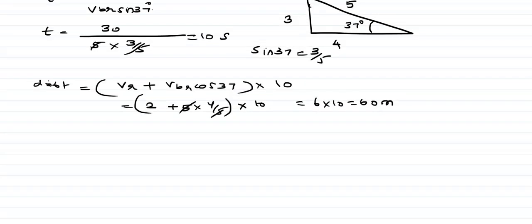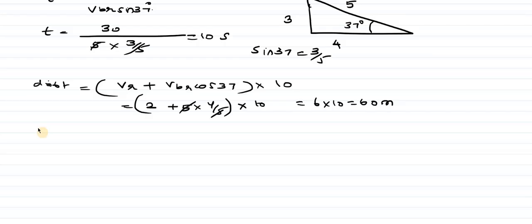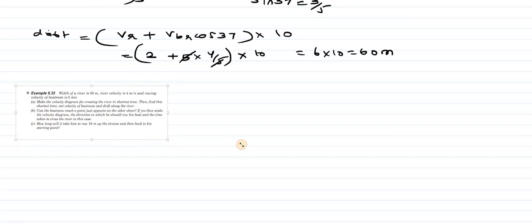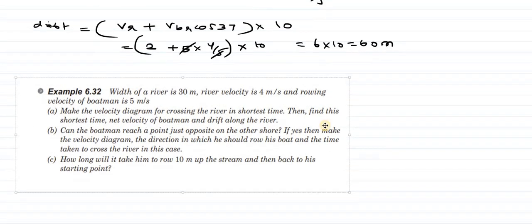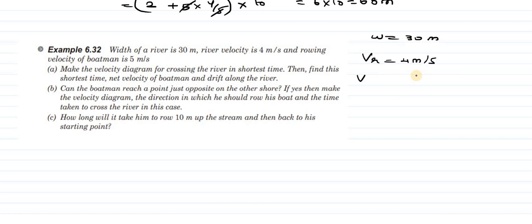Now, next sum is what? Next sum. Okay. Width of the river is 30 meter again. Velocity is 4 meter per second. So, VR is 4 meter per second.